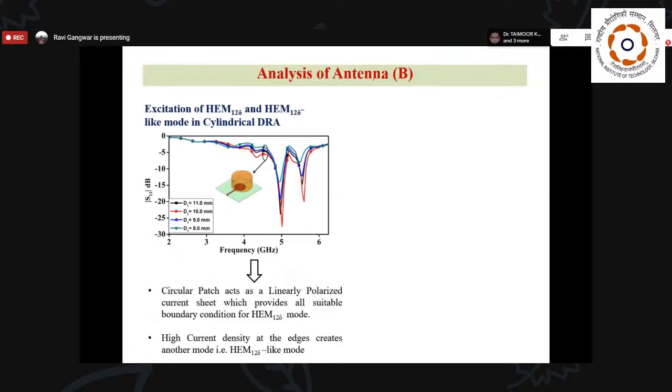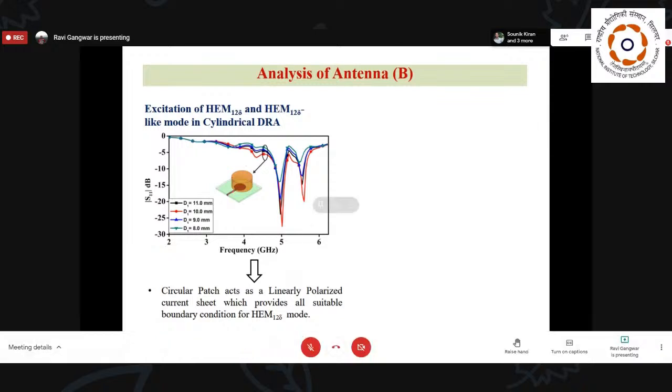So the first is the basic analysis of the antenna. Here I have used one circular patch, which is energized from this particular port 1, and we have the cylindrical DRA.